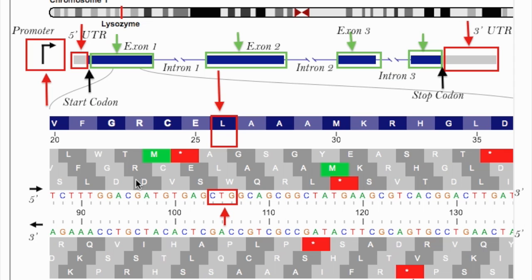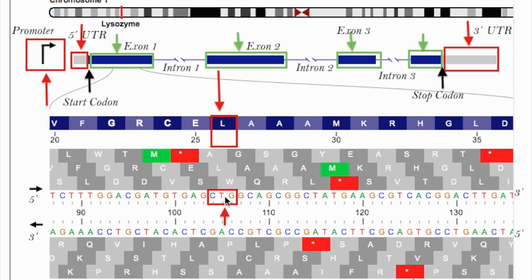Now, how do you tell which frame you're using? Look above at the protein sequence and find the corresponding frame below. So valine, leucine, alanine is in the protein sequence. To find the corresponding frame, you just look down and see the CTG codon in the DNA. It's CTG, which becomes CUG in mRNA.